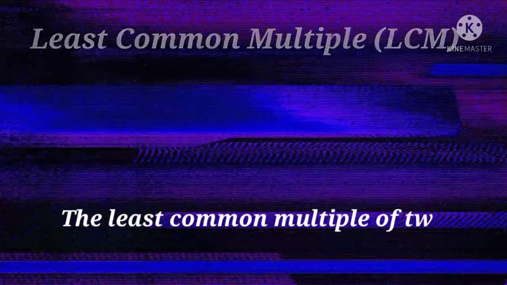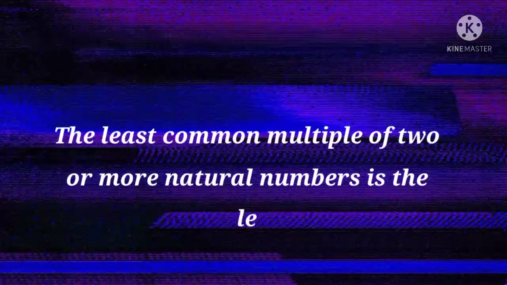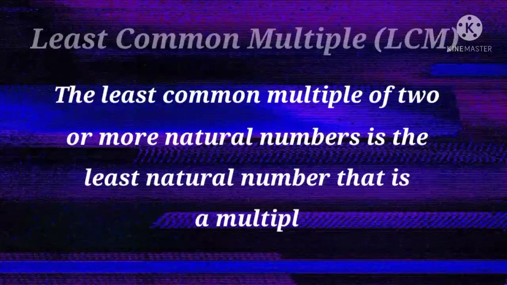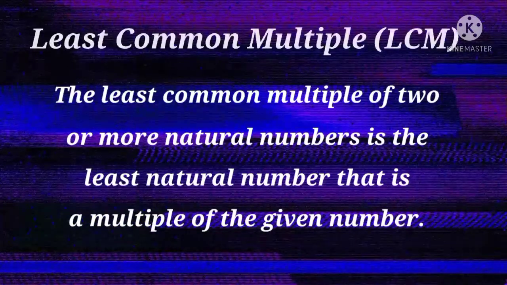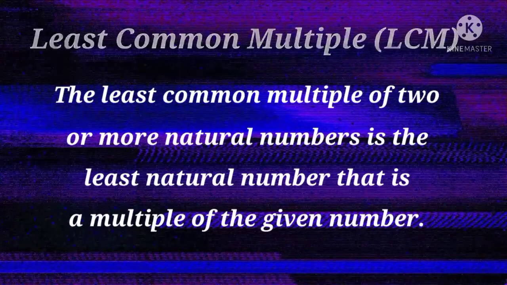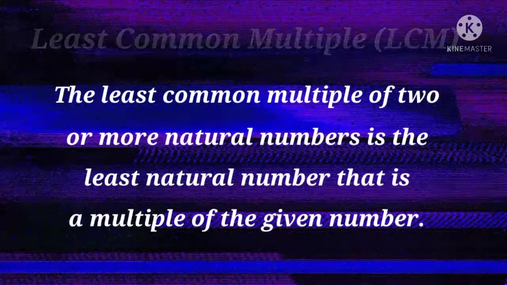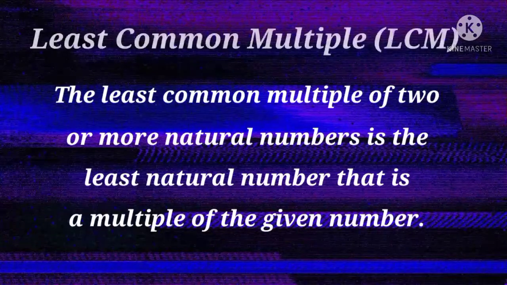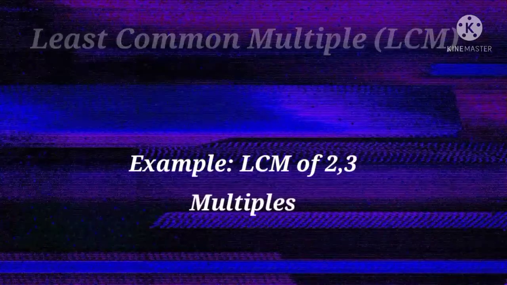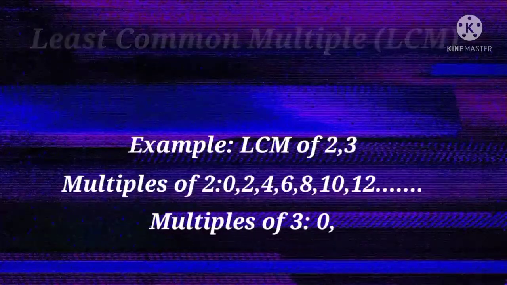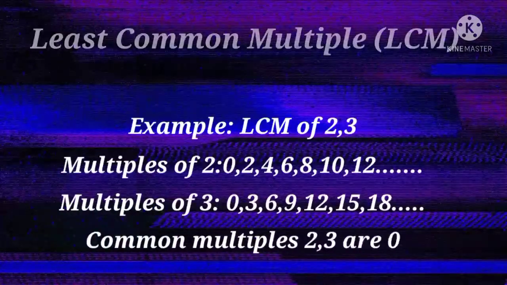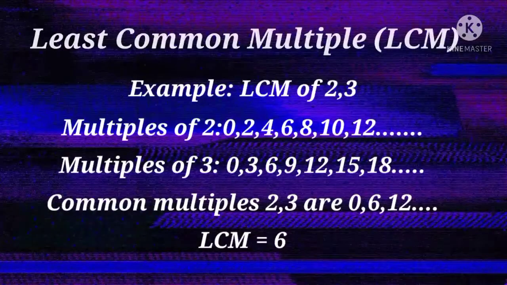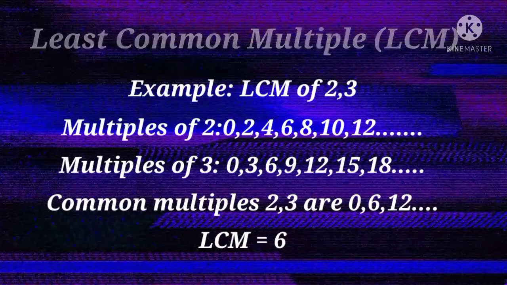LCM, the least common multiple of two or more natural numbers, is the least natural number that is a multiple of the given numbers. Example, LCM of 2 and 3. First we have to write multiples of 2 and multiples of 3.